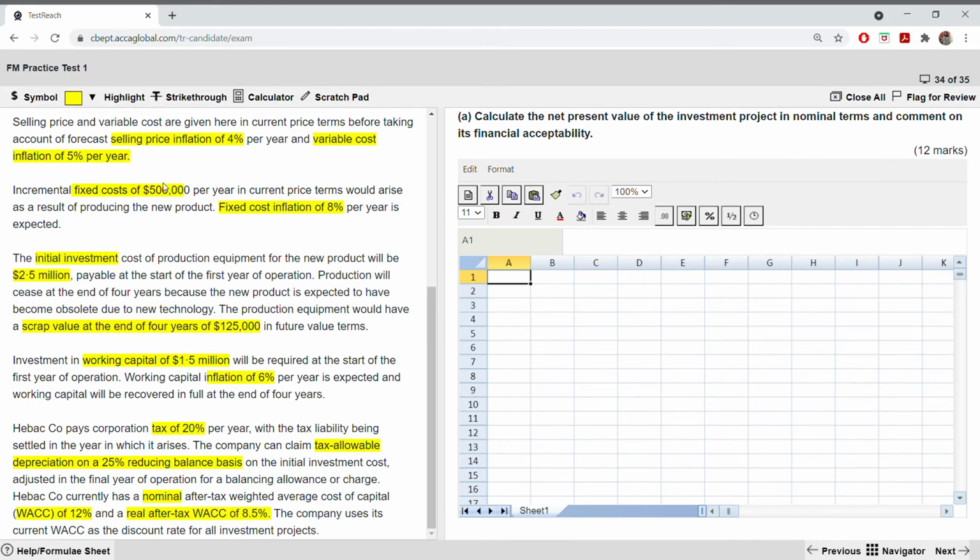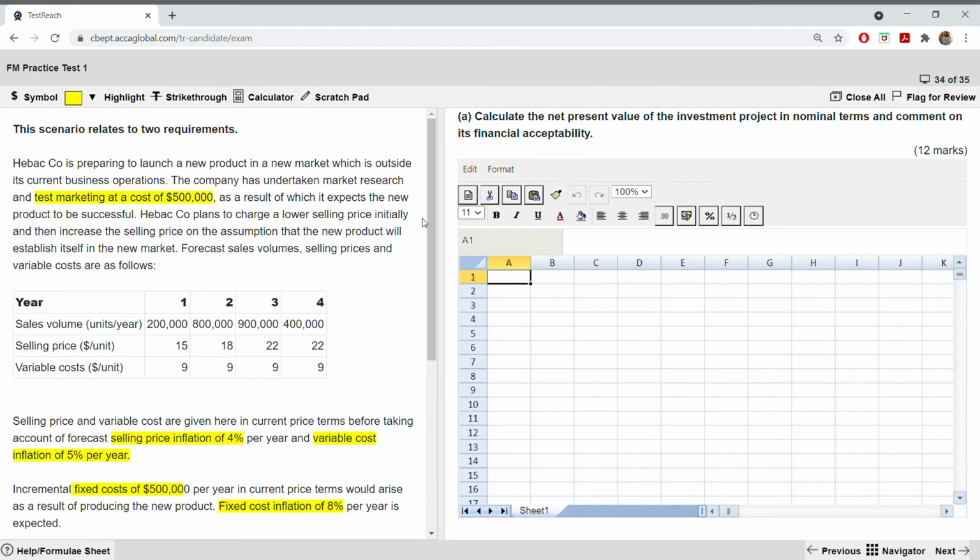Definitely nominal will be more because nominal includes inflation. Why have they given these two different WACCs? You have to know which WACC you are going to use. This is to confuse you, so be very careful which WACC you pick to discount. The company uses its current WACC as a discount rate for all investment projects.